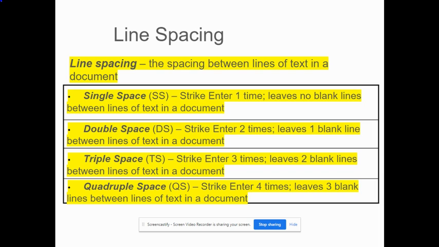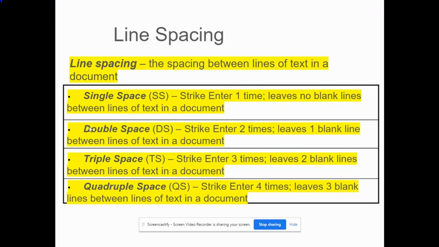Line spacing is the spacing between lines of text in a document. For example, this is a line of text and then this is a line of text. There's not a very big space between these two lines, as you can see, so this is probably single space. Single space is when you strike enter one time, which leaves no blank lines between the text.